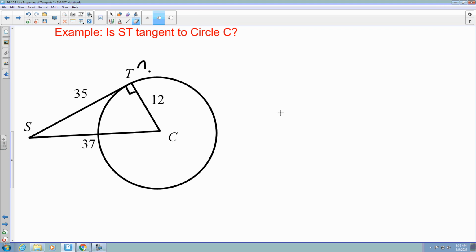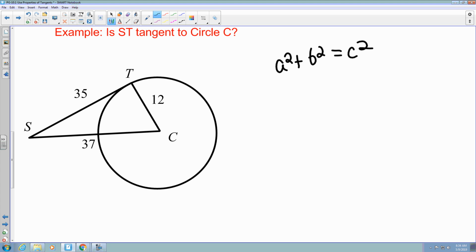If it is a 90-degree angle, then we can use the Pythagorean theorem to help us solve it because it's going to be a right triangle. So if the Pythagorean theorem works, we can then state that it is a right triangle and then that point is perpendicular and it's also tangent.